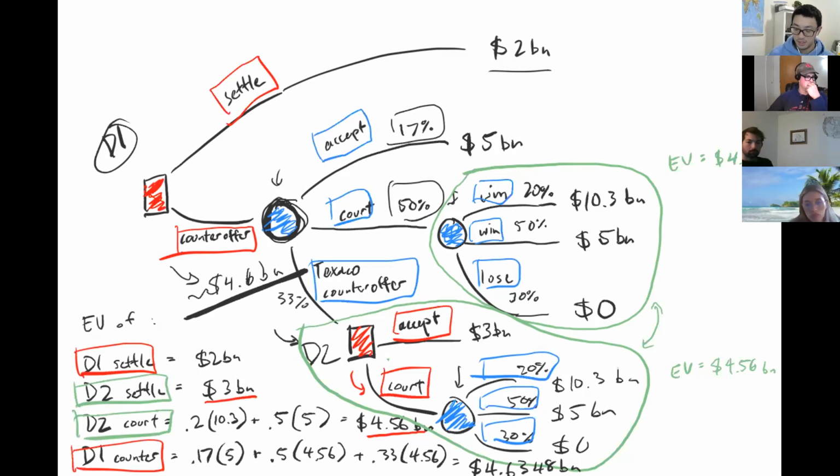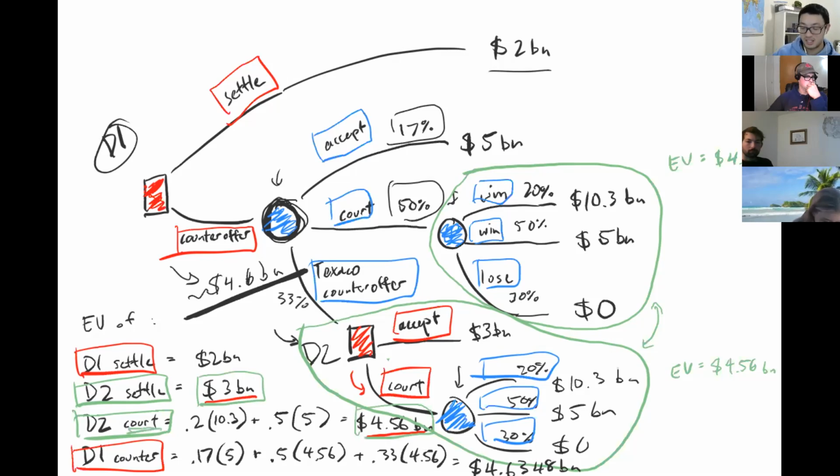Okay, and so your particular question of settling or going to court is with decision 2. And with the second decision, you can take $3 billion, or you can essentially take $4.56 billion. So that's why you would choose to go to court.